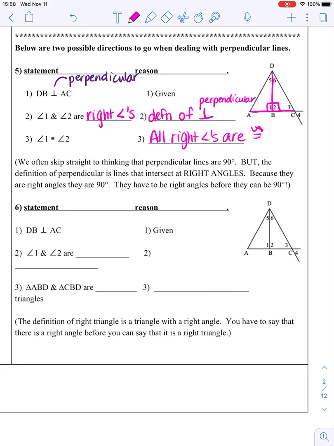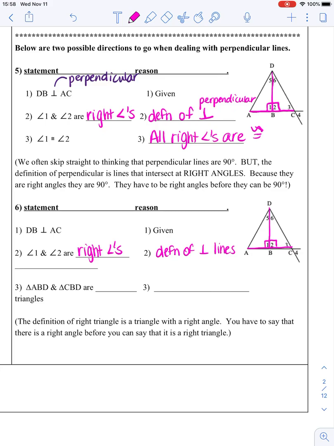And that's important because of this next step that we're going to say. So again, notice this is very similar. DB is perpendicular to AC. So we have the whole thing over again. Okay. Angle 1 and angle 2 are right angles. And I can say that because of the same thing, definition of perpendicular lines. Because lines that are perpendicular intersect at right angles.